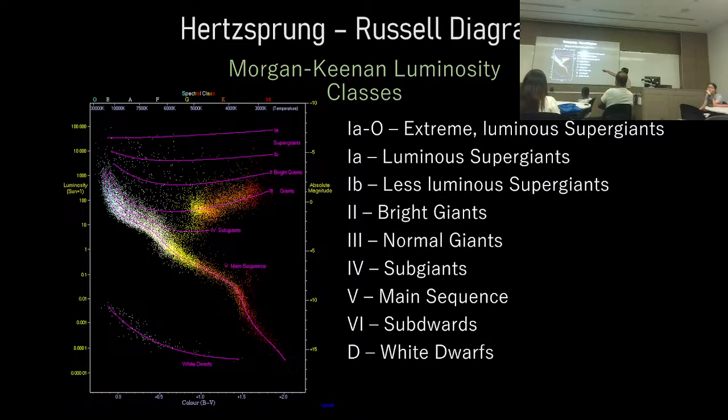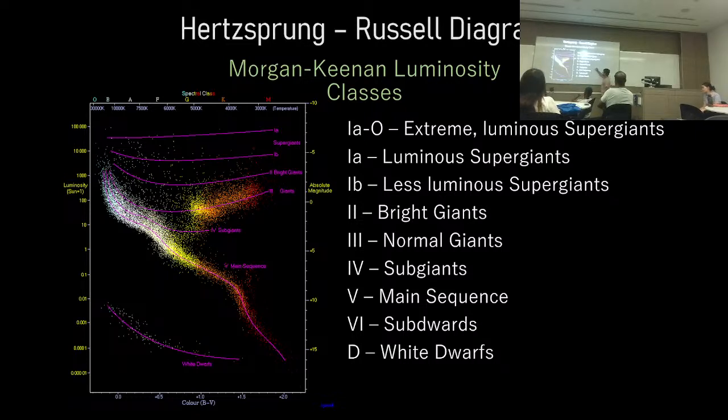So at the highest, there are supergiants, luminous giants. I won't talk about all of these individually. Stellar evolution is another session. Anyway, just so everyone knows, our sun is a main sequence star.